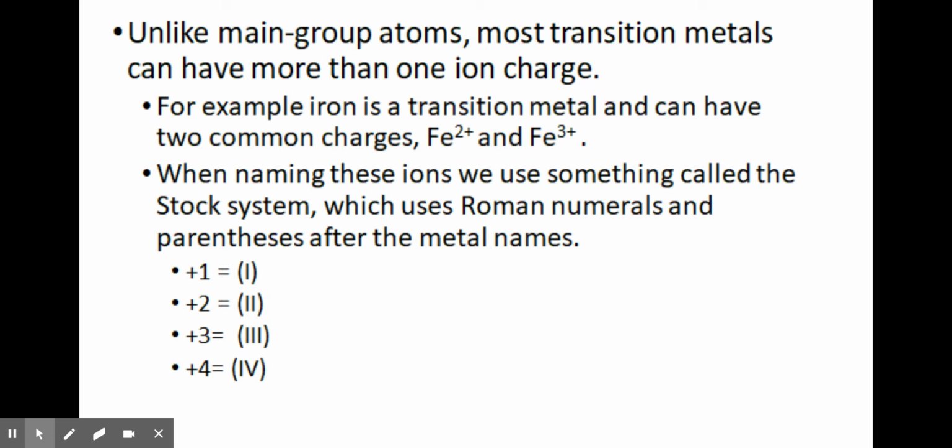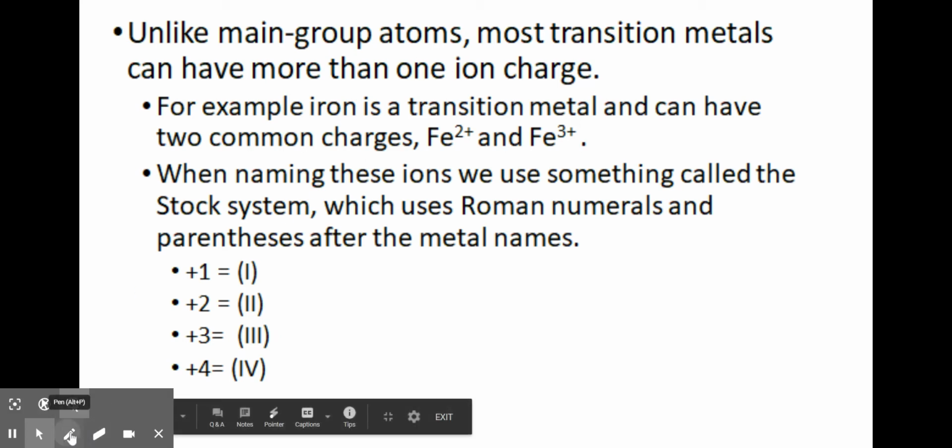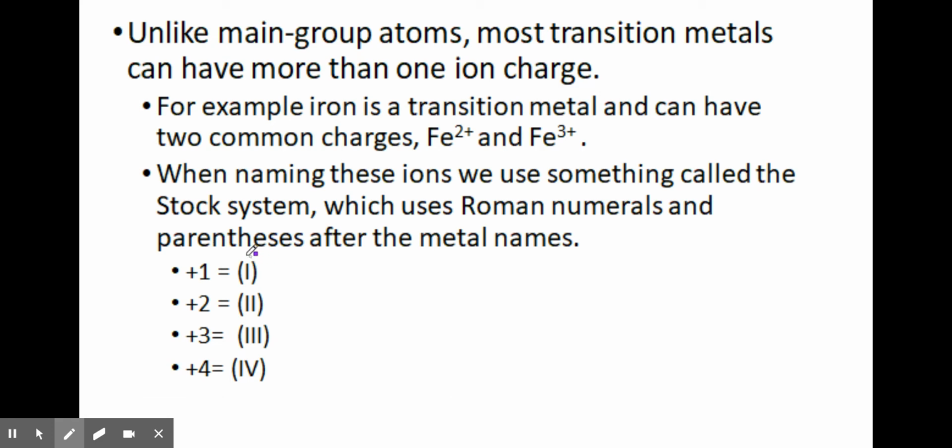The stock system gives us these great Roman numerals. If you don't remember Roman numerals, a capital I represents 1, II is 2, III represents 3, and IV is 4 because V is 5. And we're not going to have anything with the charge of +5.